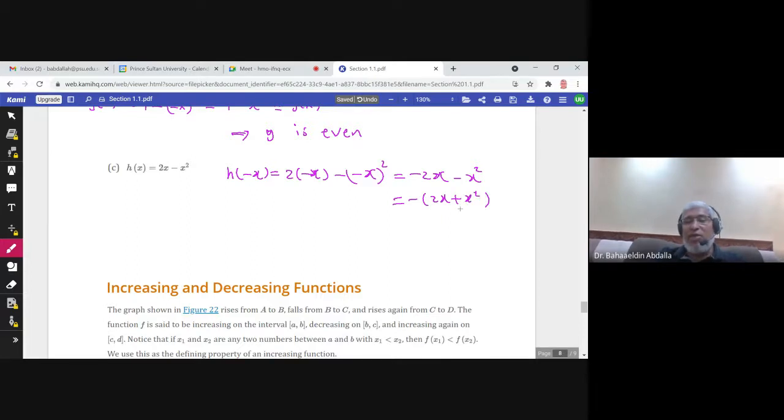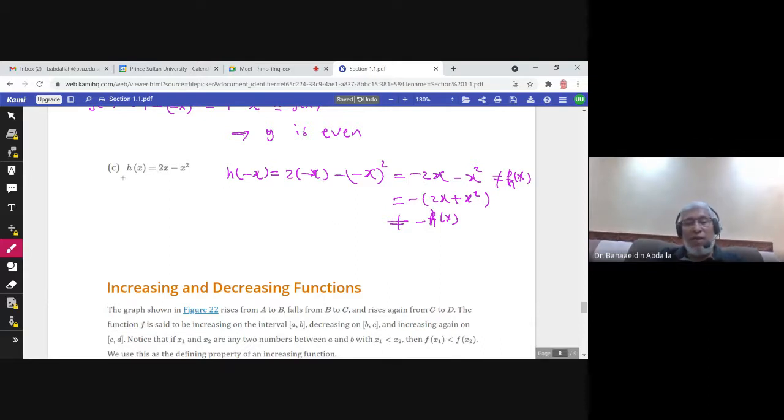So this is not equal to negative h of x, and it is not equal to h of x. The function here is called h. So h of x is not equal to h of negative x. They are different, because here I have 2x, here I have negative 2x.